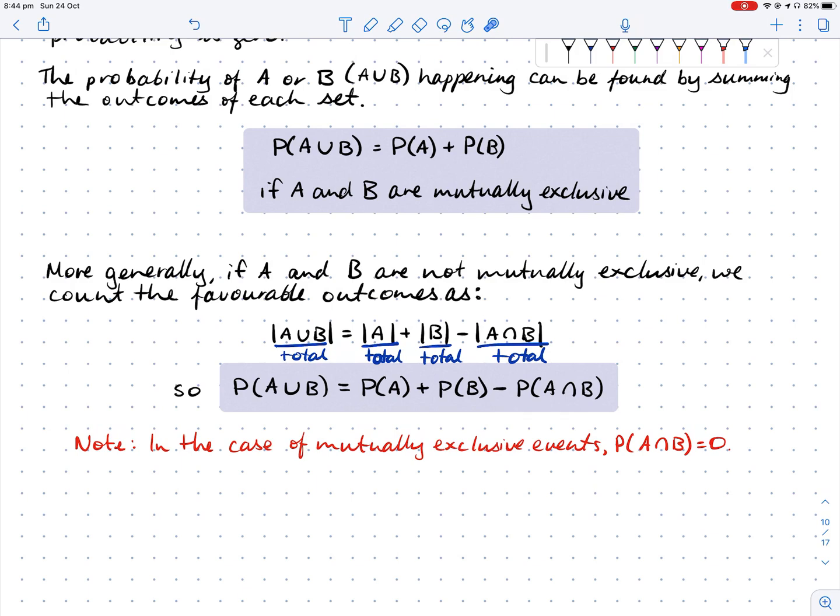Using this equation, if we did have mutually exclusive events, we know that the intersection is equal to 0. So if the intersection is equal to 0, you can see that this is going to disappear and we're going to end up with that formula back out again.